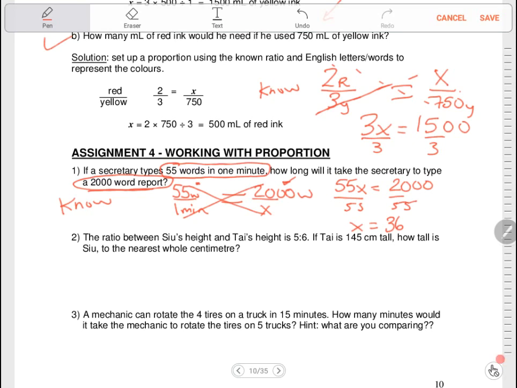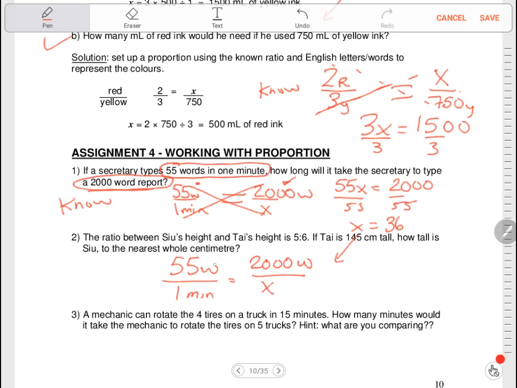And now, what does that mean? Is that 36 words? Is it 36 minutes? So who knows? But if you follow the pattern, and allow me, I am going to write down here. This is what we had originally. It was 55 words for 1 minute. And what we did is we placed 2,000 words on the top right-hand side. It stands to reason that when our x was down here, the units match.